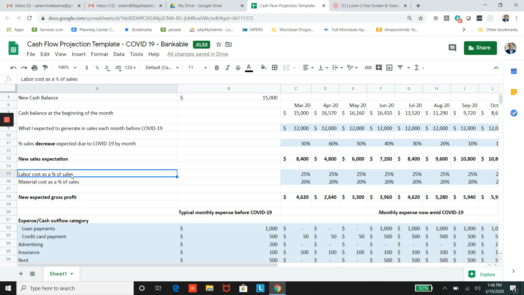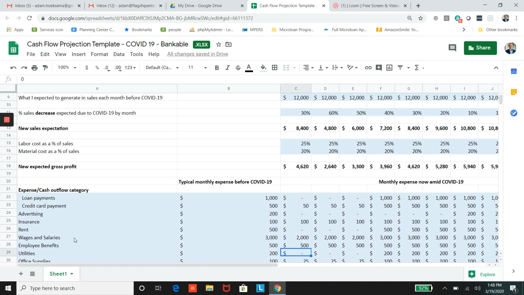So if you're paying people through this labor cost as a percentage of sales, then don't double count their wages down here. This might be for your managers, perhaps, people that aren't being paid when they do billable work, but are just paid a flat salary. That's what you'd want to put in this category.